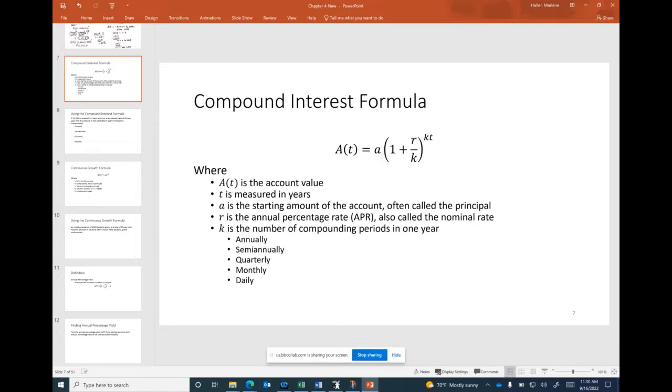Typically, we see monthly compounding in most financial investments and in most loans, right? So that means every month the bank would calculate the interest owed to you for your investment, and they would stick it into your account with the money that you'd invested. Then the next month, when they calculate the interest, they're calculating interest on a larger amount. It would be what you'd originally invested plus the interest from the previous period, and so on and so forth.